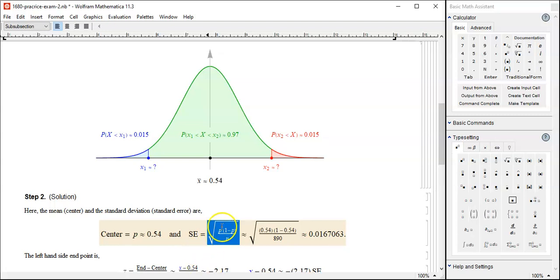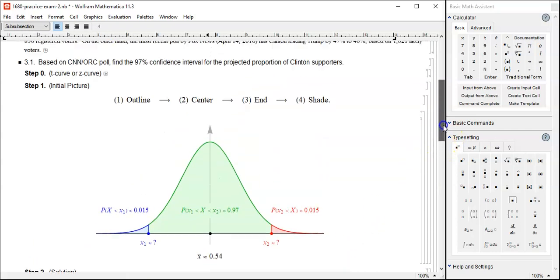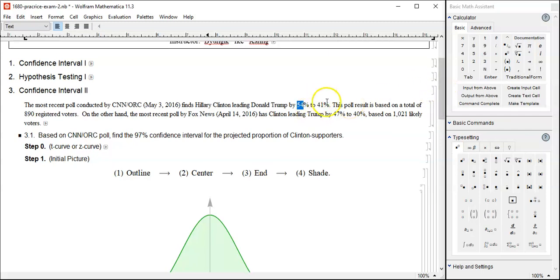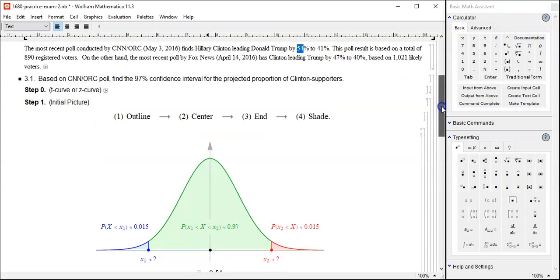And by the way, what is this p, the observed proportion? We're doing Clinton, so we're using this one only. 41%, we don't use it. If this were Clinton versus not Clinton, then maybe, but this is about Trump, and then there may be undecided or some other supporters, Sanders or whatever.